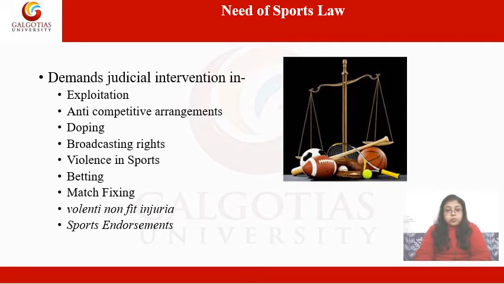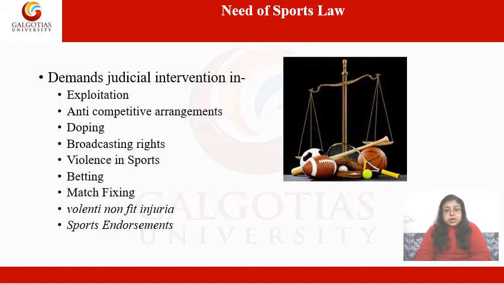That is called doping, which is obviously not correct and is against transparent sports rules and regulations. So that should be stopped, and obviously if there is a clear sports law structure, then that can be stopped or regulated.